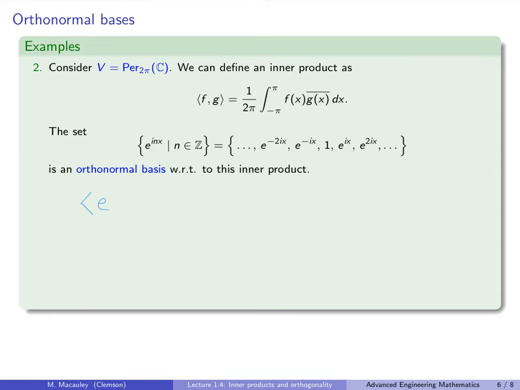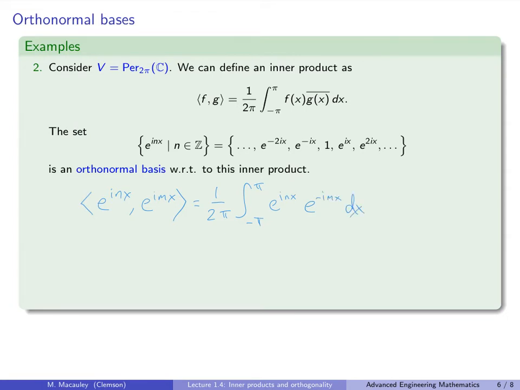So let's take e to the inx and take the inner product of that with e to the imx. Now this, by definition, is 1 over 2 pi times the integral from negative pi to pi of e to the inx times e to the minus imx dx.